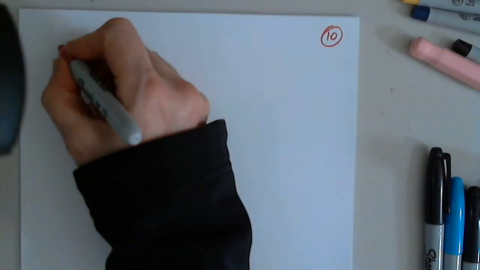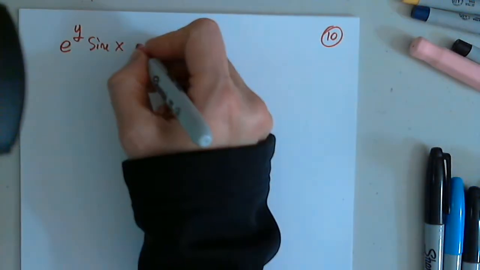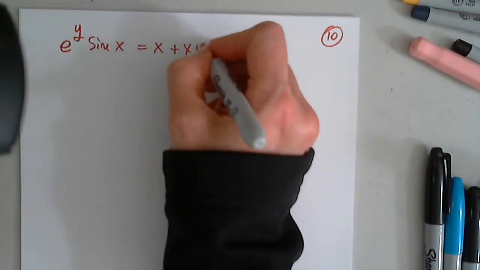Okay, any questions? Would you like to choose anything? Or these problems are in 3.5. Okay, I will choose. Thank you. E to the y times sine x equals x plus xy.